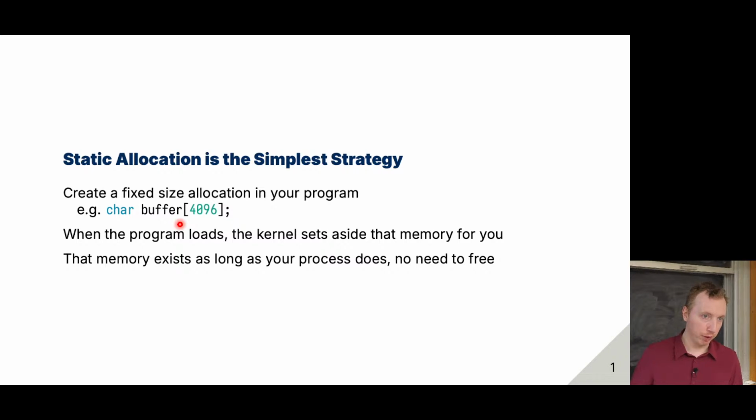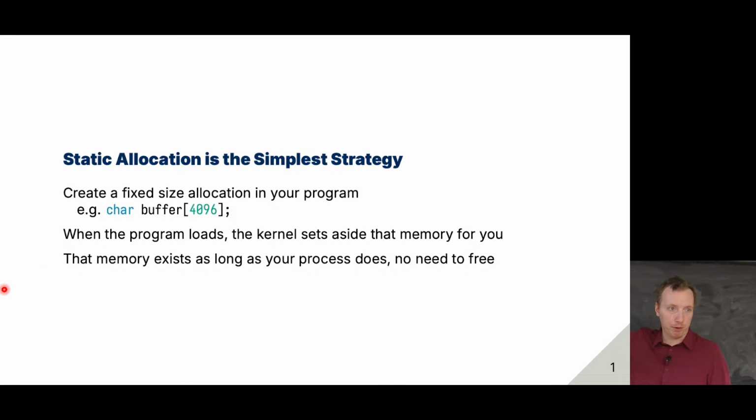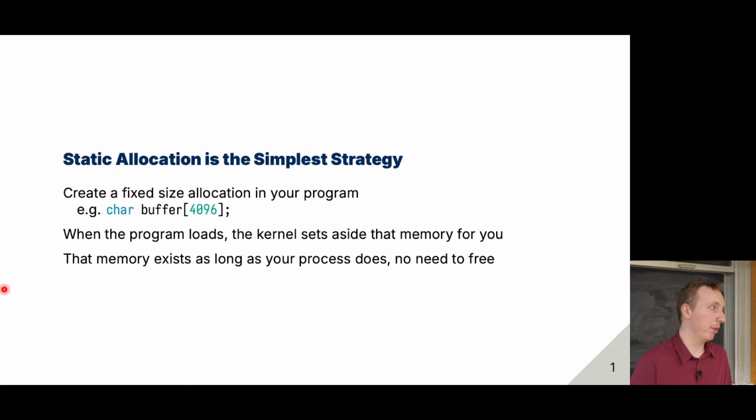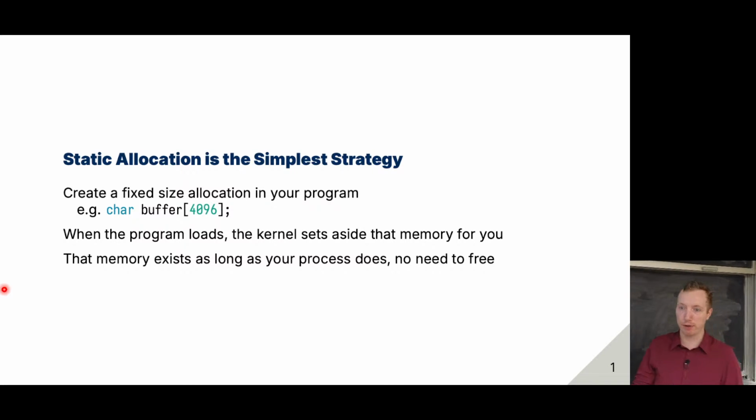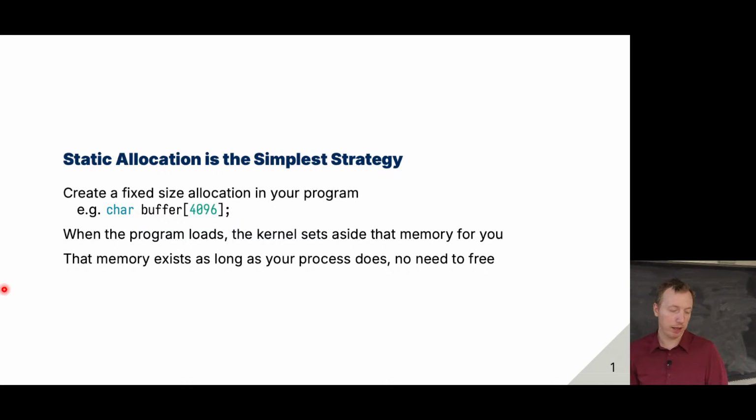So how this works is your compiler is just going to pick a virtual address to put that buffer in, and then whenever you load your program through the execve system call, the kernel, as part of it, is going to describe in that executable file that you need 4096 bytes and what virtual address it wants it at.